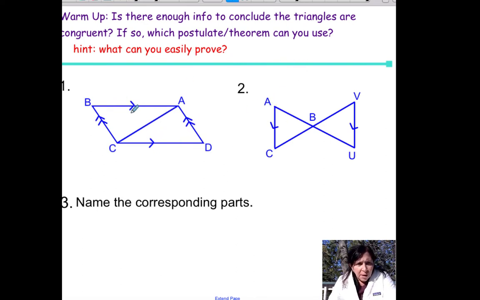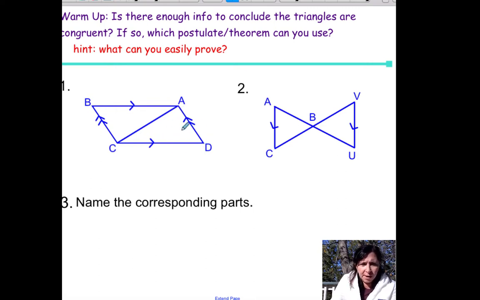So I'm assuming they're talking about ABC and ACD, these two triangles here. To prove these two triangles are congruent, you need 3 parts of one triangle congruent to 3 parts of the other. I know that these are parallel, which would then give me alternate interior angles.